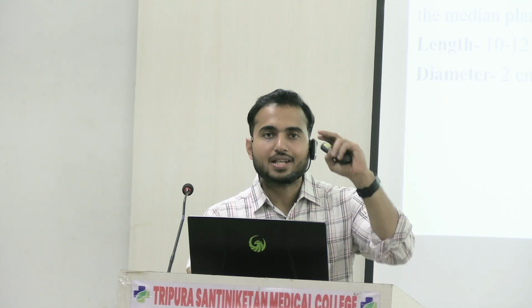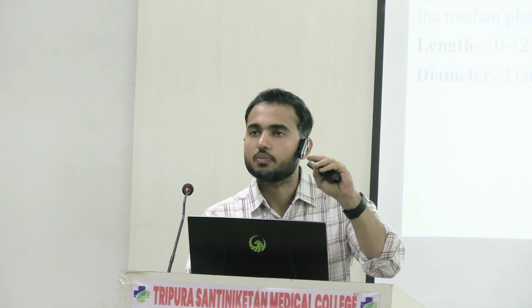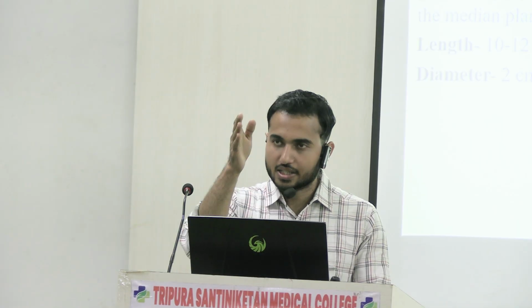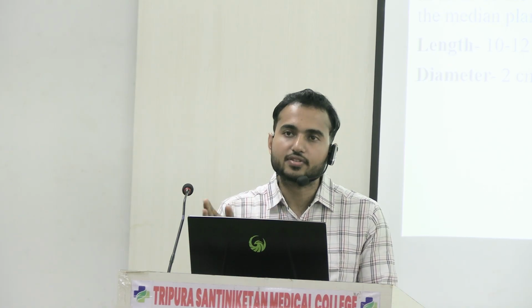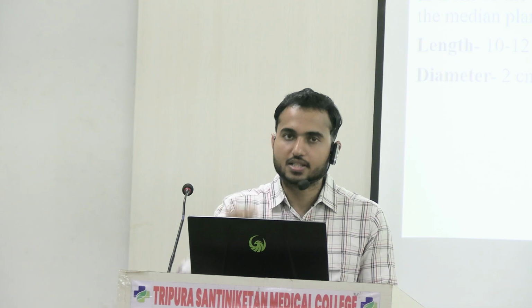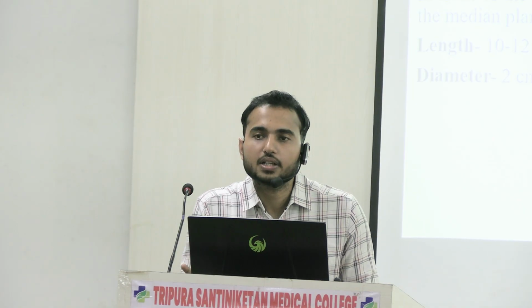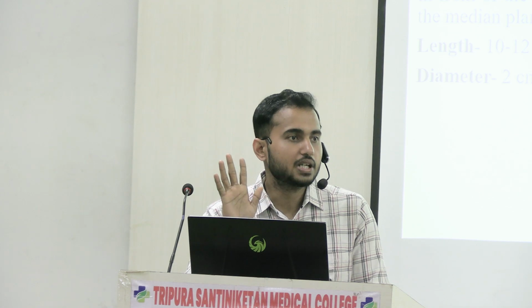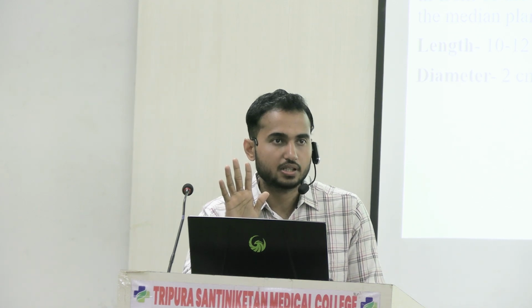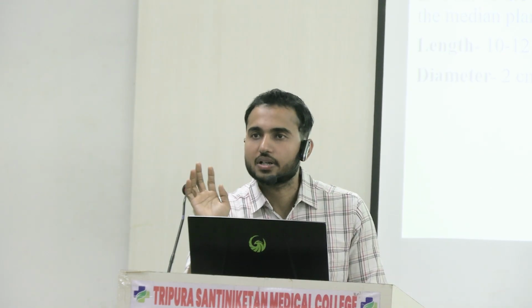Once it crosses the aortic opening of the diaphragm, it extends downwards, situated on the left side of the median plane, up to the lower border of the L4 vertebra. How many lumbar vertebrae are there? Five lumbar vertebrae are there. Among them, it extends up to the lower border of the fourth lumbar vertebra.